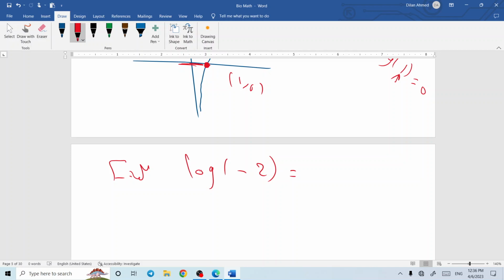Undefined. What else? Error. Why? How about log of 0? Find log of 0 kindly. Error again. Why? Because, exactly.